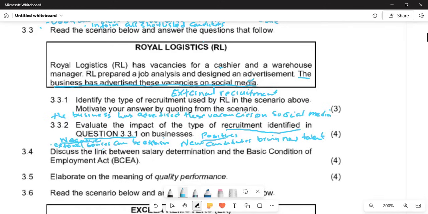So that is a disadvantage, because unlike if we recruited internally, those ones were going to be familiar with the organizational culture, policies, and stuff like that. Also, the information on the CV from referees may not be reliable. The referees can as well lie, so we cannot trust their information. So this is how you were to answer that question where you were to get 4 marks.